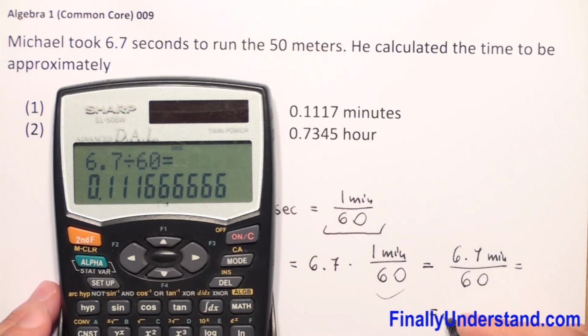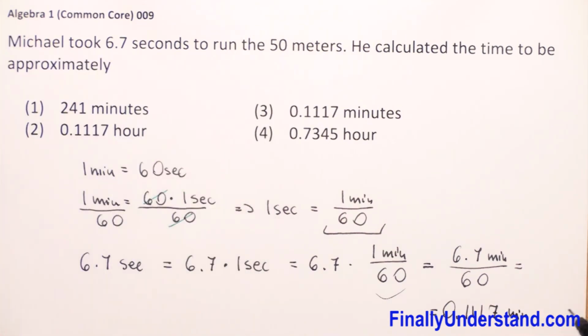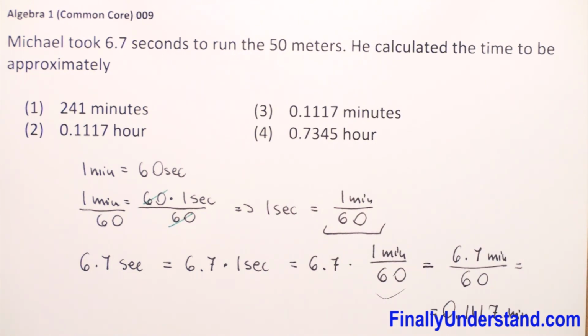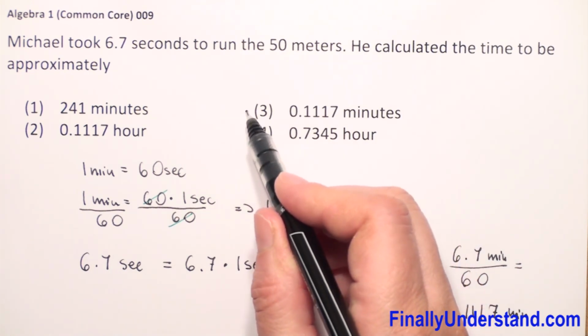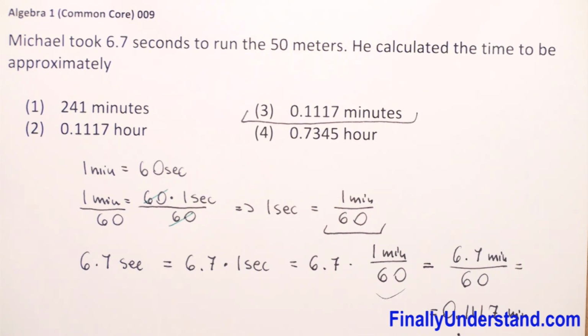So this is equal to 0.1117 minute. I changed seconds to minutes, and we see that we have here the same solution. It is our solution. I don't need to change minutes to hours now because I already found the solution.